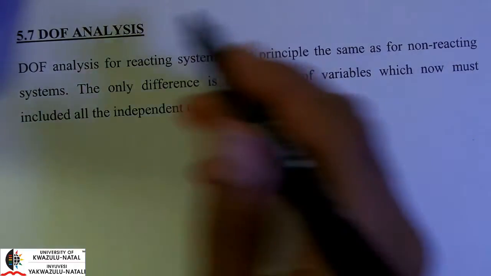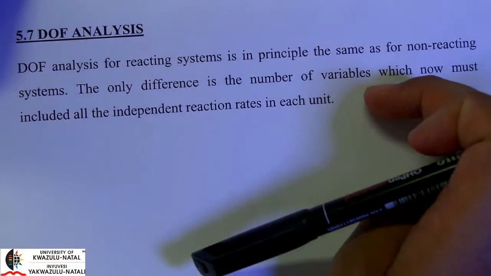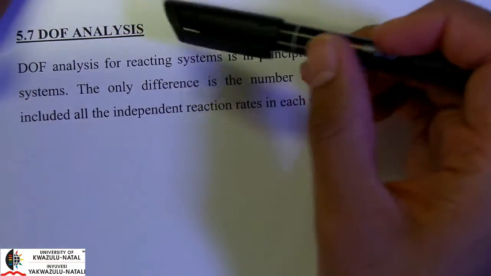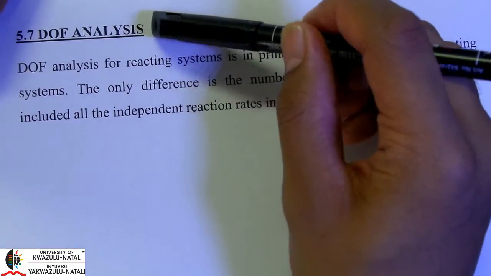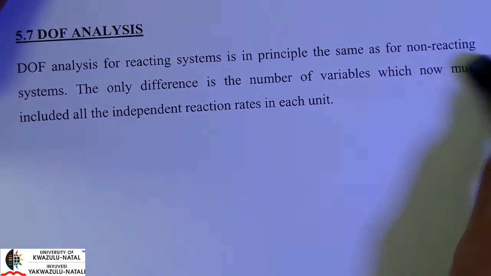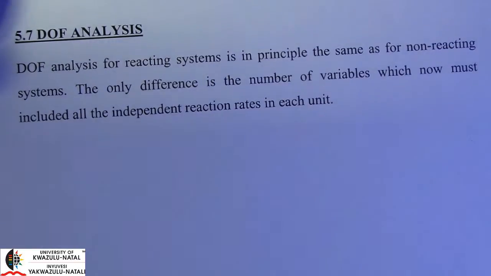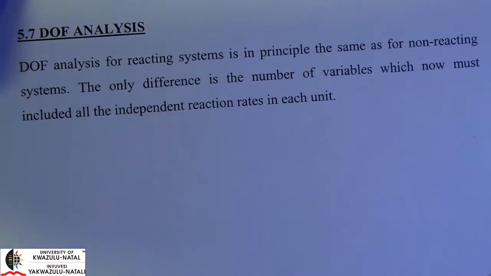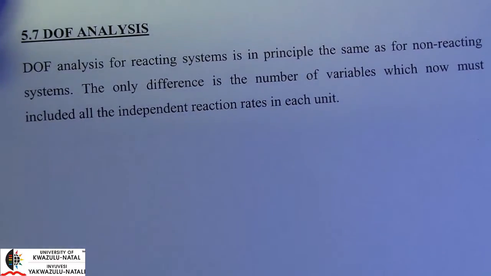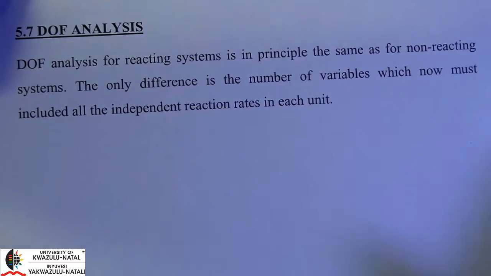And as a matter of fact, for reacting systems, there is no further complication in our degree of freedom analysis. Whatever you've learned regarding degree of freedom analysis for non-reacting systems will be applicable for reacting systems. So there are no other extra variables in terms of our energy balancing to include as a result of our reactions. Okay, so that's just one final note.